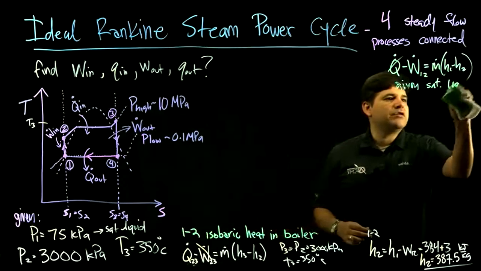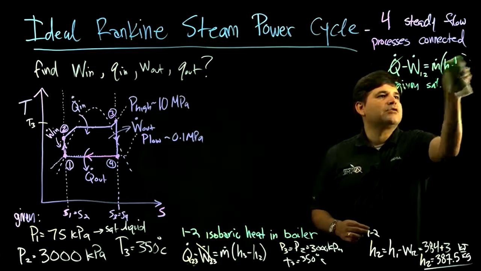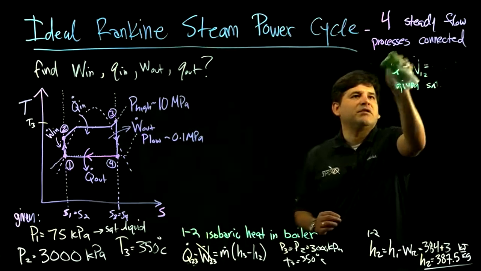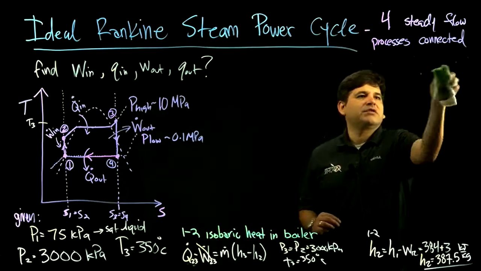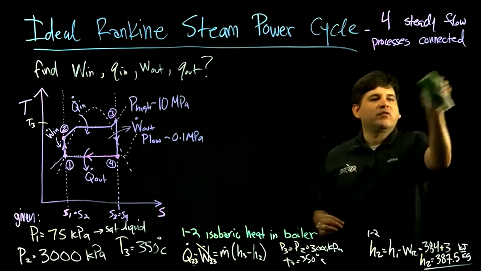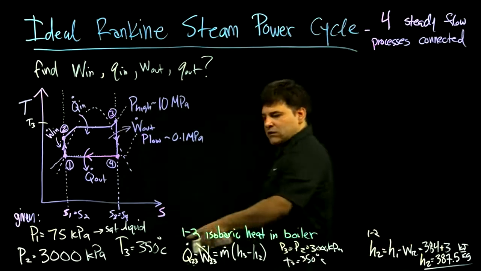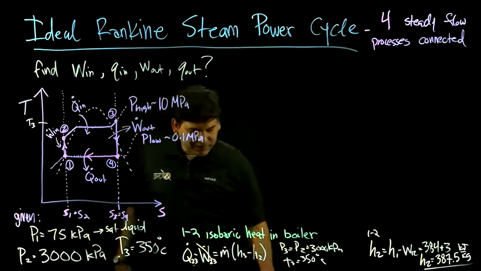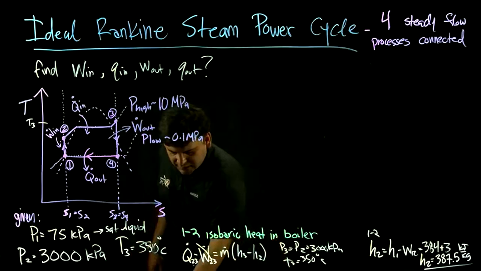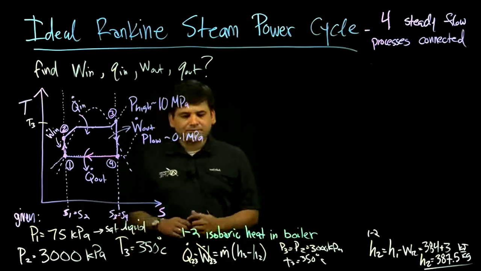I'll leave it to you to double check the actual saturated temperature at that pressure, and you would find it is lower than 350. Because that's the case, we have more energy and we are superheated vapor.